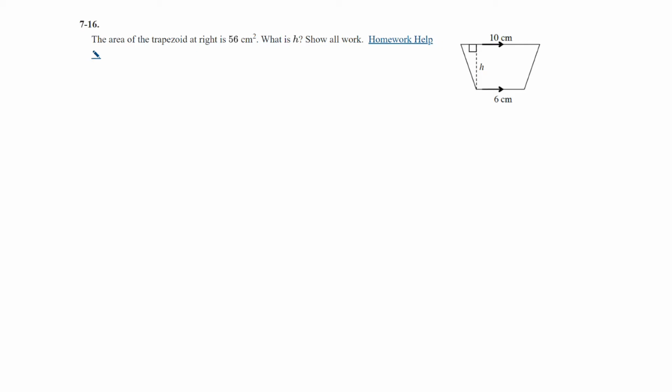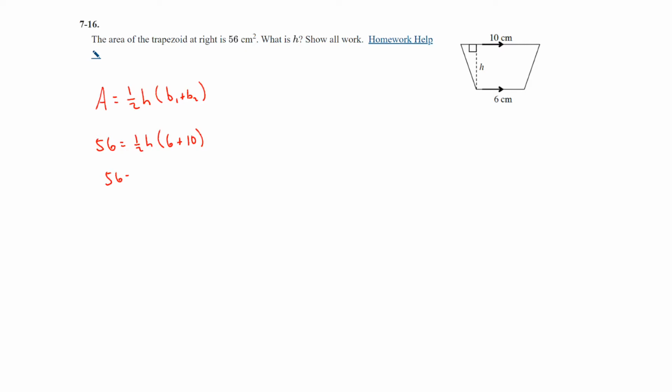Question 16. The area of the trapezoid at the right is 56 centimeters squared. What is H? Show all of the work. If you remember, the area of a trapezoid is 1/2 times the height times the sum of the bases. We know the area is 56, and we don't know the height, but we know base 1 and base 2 are 6 and 10, so that's 6 plus 10.